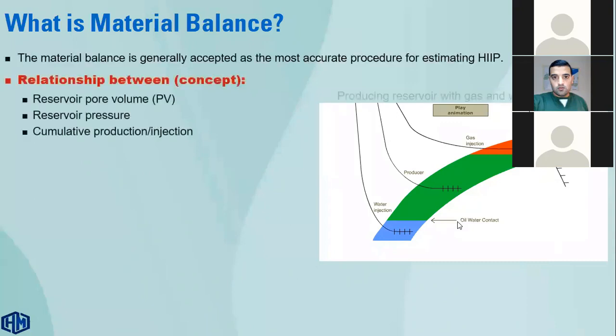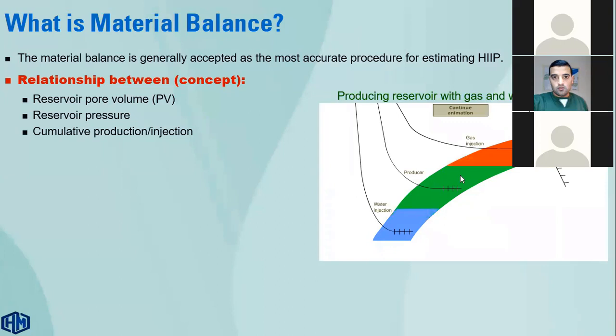Simply, material balance is an important analytical reservoir engineering technique used for reserve estimation. Material balance is typically a relationship between reservoir pressure, reservoir pore volume, and cumulative production.